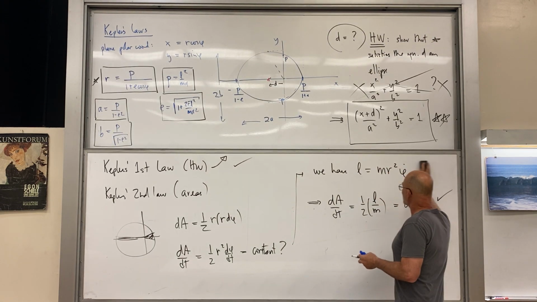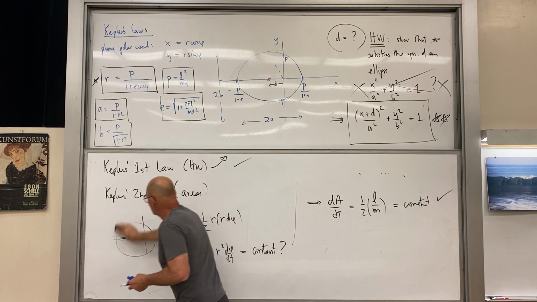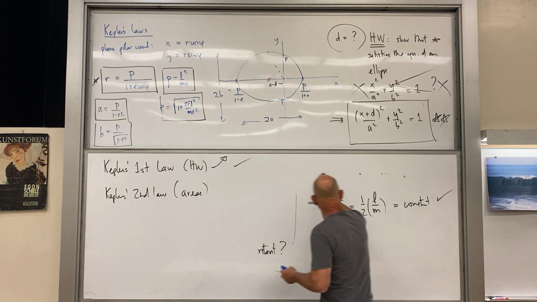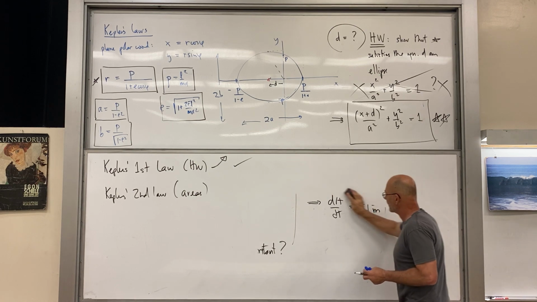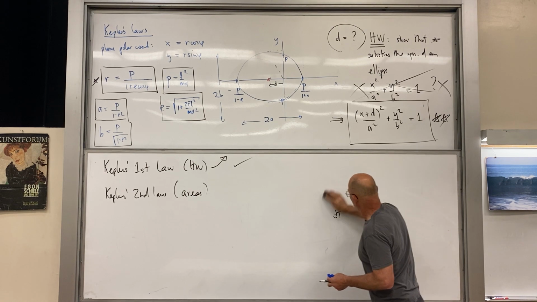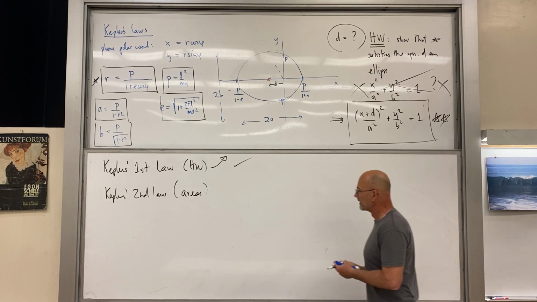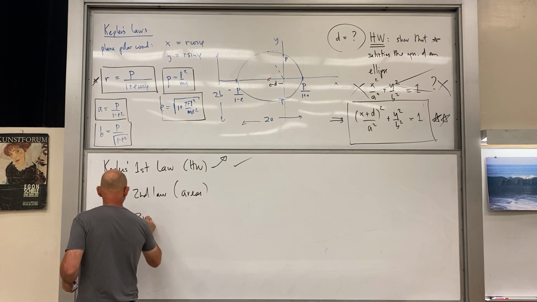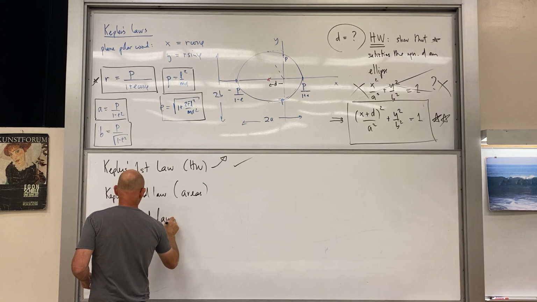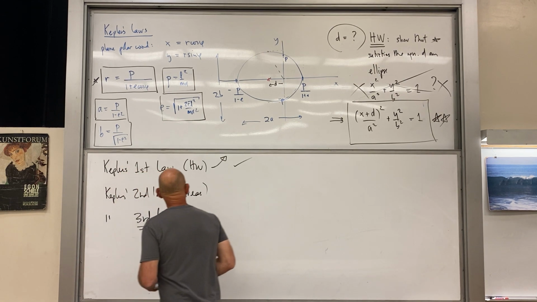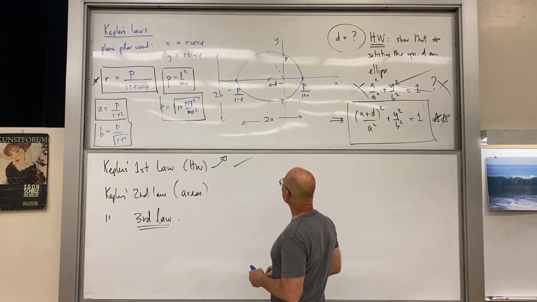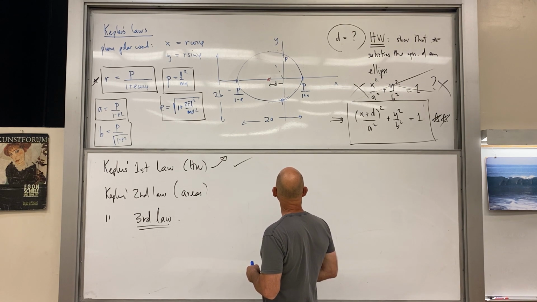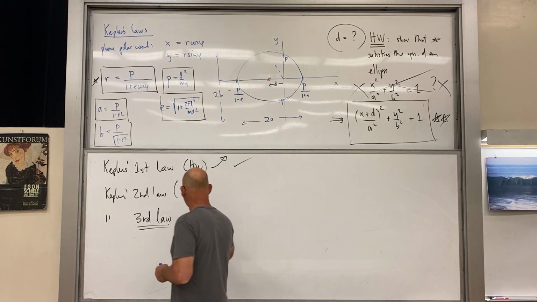So Kepler's third law was the law of periods. Now there, we're going to take the area of the ellipse.